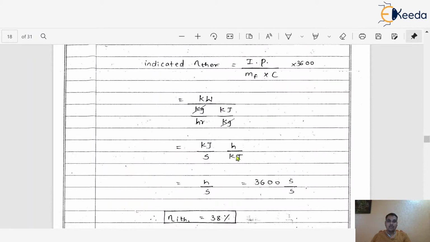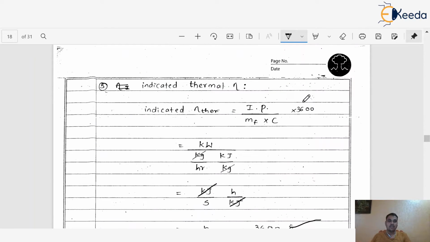Finally this kilojoule and this kilojoule get cancelled to each other, and the only remaining term is hour per second. We know an hour is 3600 seconds. So this second and this second cancel to each other. What is remaining is only 3600. So there is a need to multiply the term by 3600.